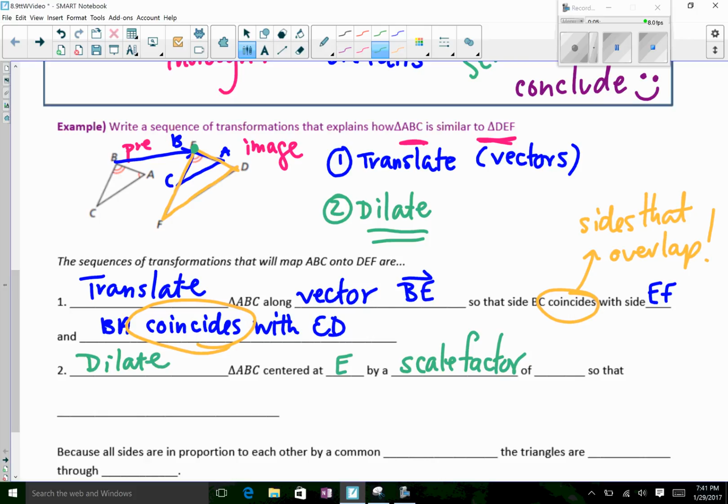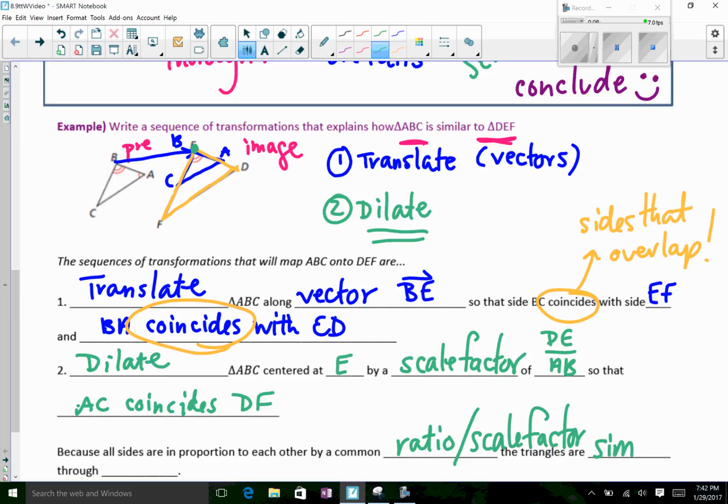So I'm going to choose DE over AB, so that our final two sides coincide, so that AC coincides with DF. So because all sides are in proportion due to a common ratio or scale factor, it's appropriate to say the triangles are similar through SSS similarity.